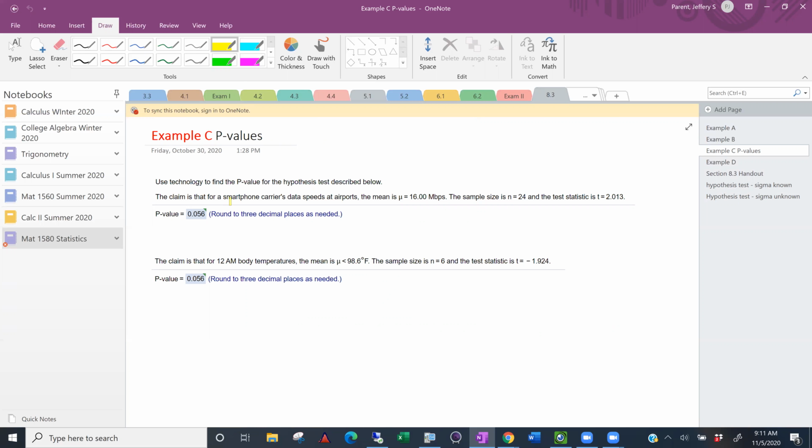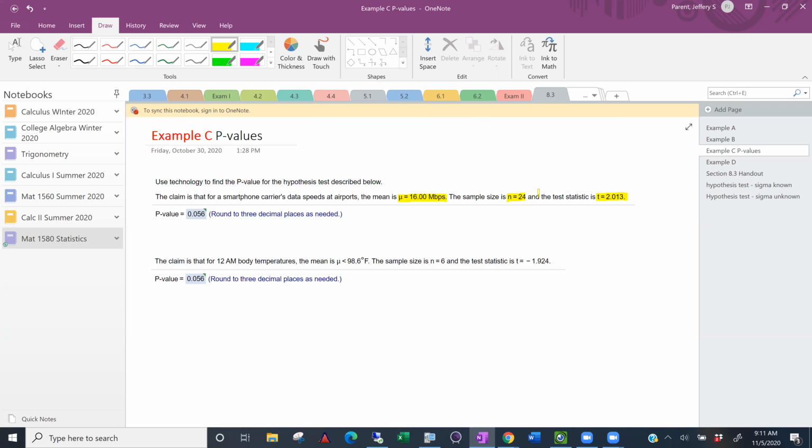The claim is that the smartphone carrier's data speeds at airport has a mean of 16 megabits per second. Sample size is 24, and the test statistic is 2.03. So there's a couple things we've got to do here first.